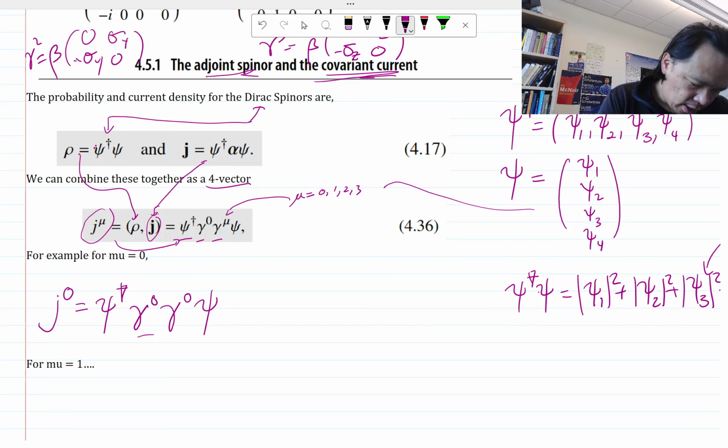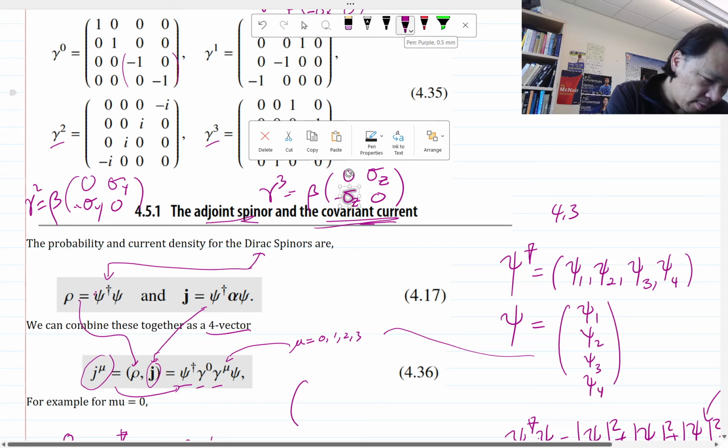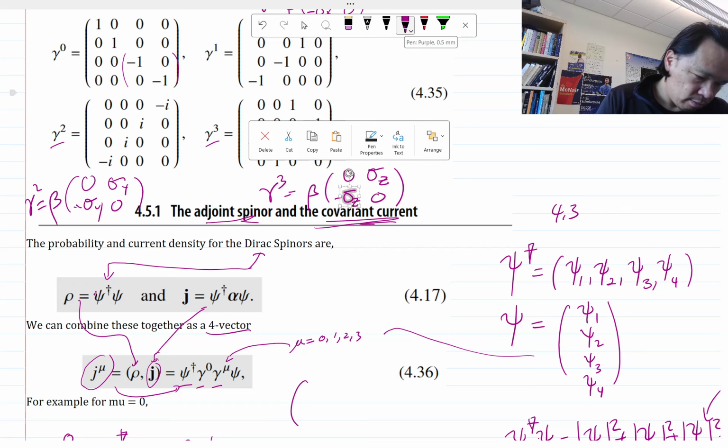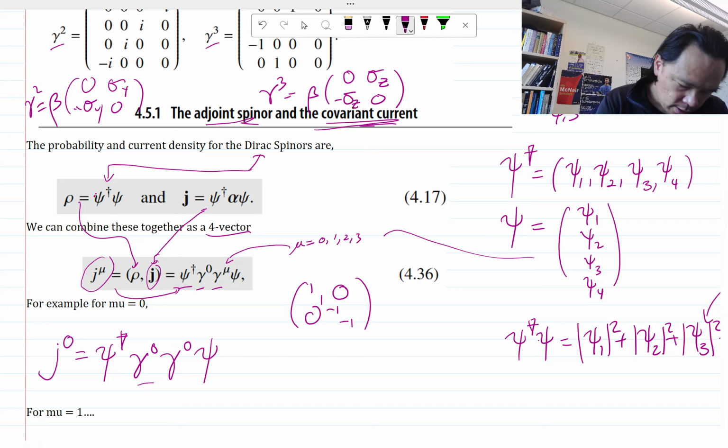So what's gamma 0? Looking up here, gamma 0 is just 1, 1, negative 1, negative 1 on the diagonal, and a bunch of zeros. I'm going to copy that down so I can remember it. Gamma 0 times gamma 0 is what we're trying to calculate.